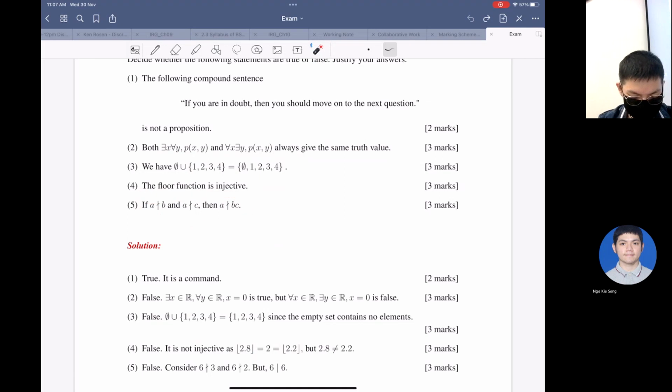I just put it as a contrapositive. So it's false, right? Similarly, 6 doesn't divide 3, 6 doesn't divide 2, but 6 divides 3 times 2. And in class, we discussed the contrapositive of this statement. It's also false.